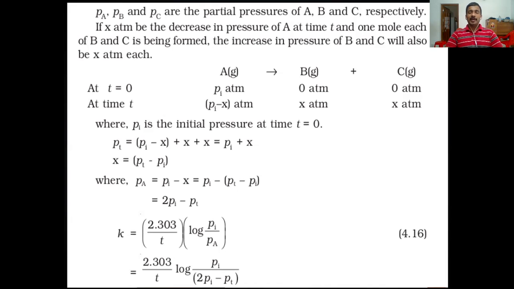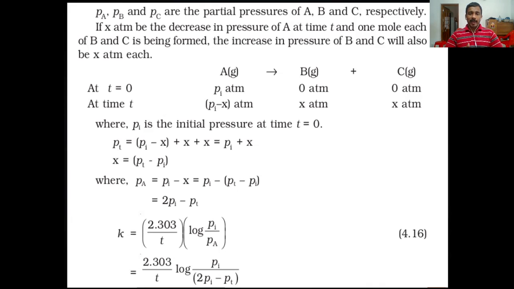But after some time, what happens? A small amount of A, X amount of A, is converted to B and C. If there is B and C, that also will contribute to the total pressure of the mixture of gases, isn't it?